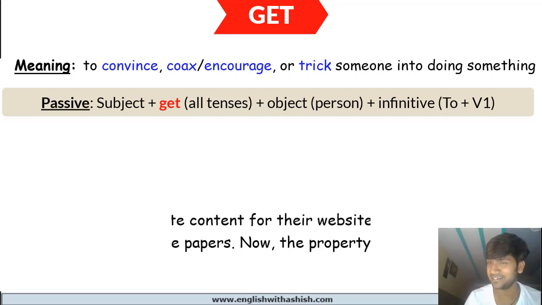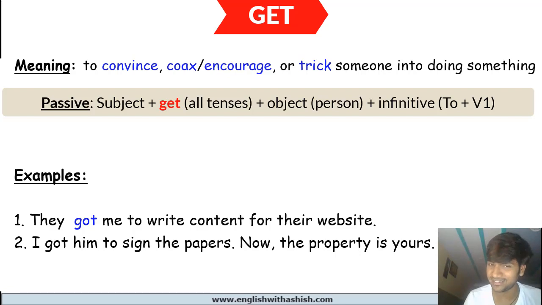Let's take some examples and understand this, and before looking at the examples, let's look at the structure. Very simple. First comes the subject followed by the causative verb, that is get, can be in any tense form. All right, followed by the person that performs the action for you or somebody else, followed by the verb that is in the base form, bare infinitive. Okay, now let's look at some examples.